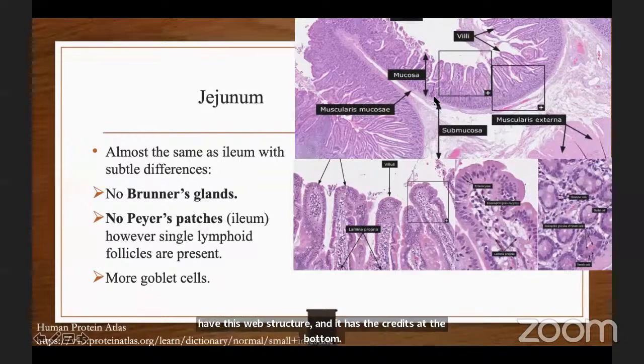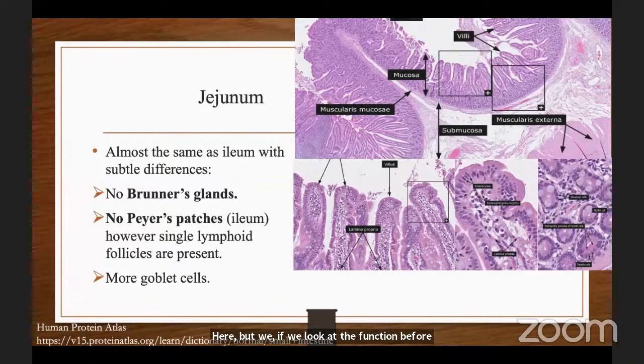But before we look at the structure, the food now is digested, so we do not need the Brunner glands in the submucosa because the food is already neutralized by the duodenum. We also do not have Peyer's patches, which makes sense because the food here has already had a lot of secretions from the stomach and from the duodenum.